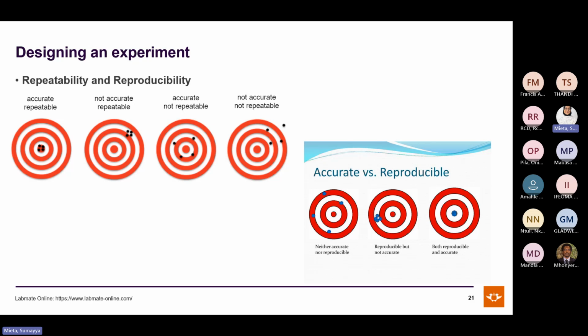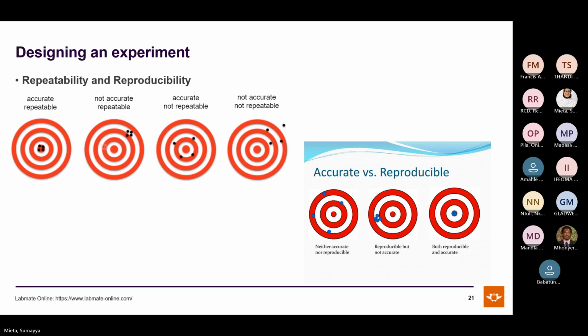Okay, and I like this picture because it explains it so nicely, in that something can be repeatable and accurate, but it can also be repeatable and not accurate. If you look at this first one, it says it is accurate and repeatable.